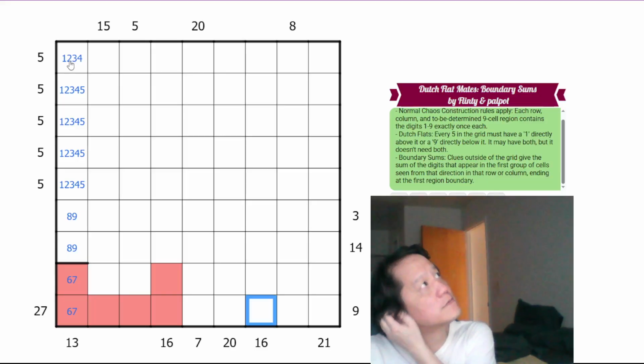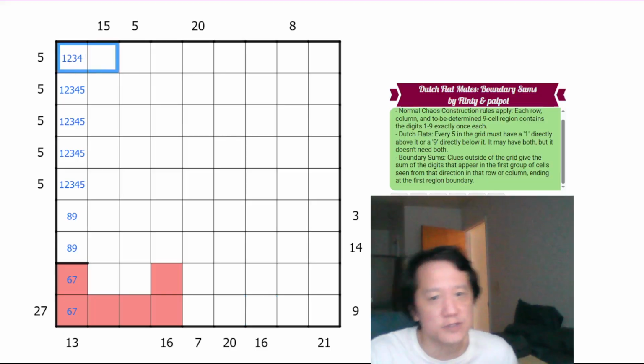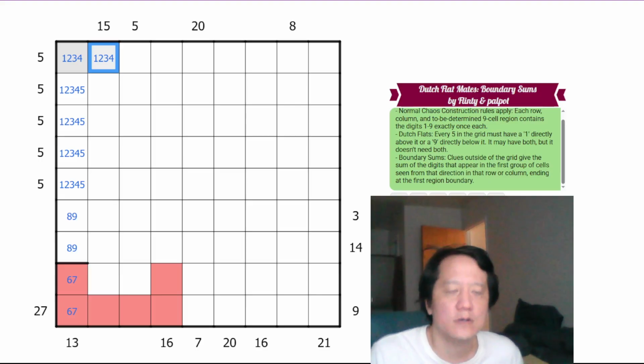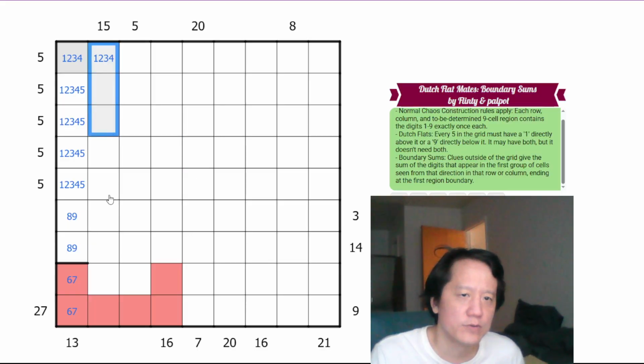And these two must be the same region, and then it ends there. So this must be all light here, at least, because it's at least 3 digits worth.